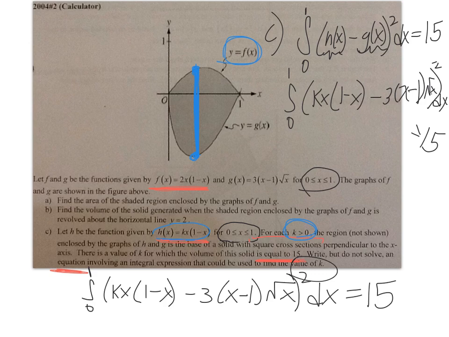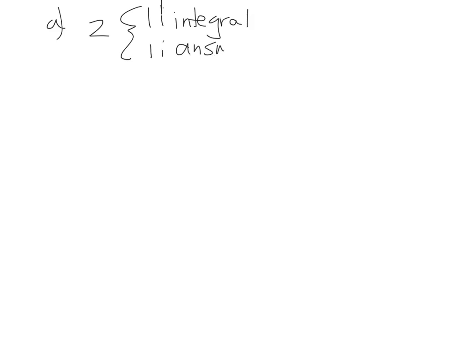Let's talk about how this problem would be scored. On part A, it's going to be worth 2 points. 1 point for the integral, and then 1 point for the answer. When it says integral, that would include the limits, so it's the integrand and the limits.